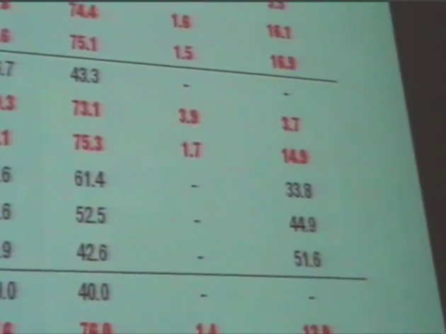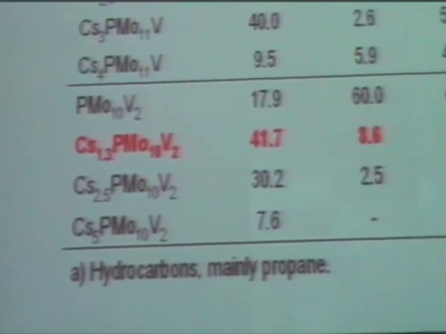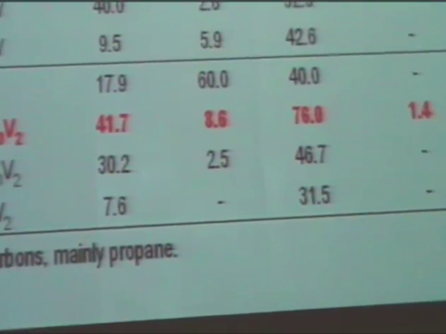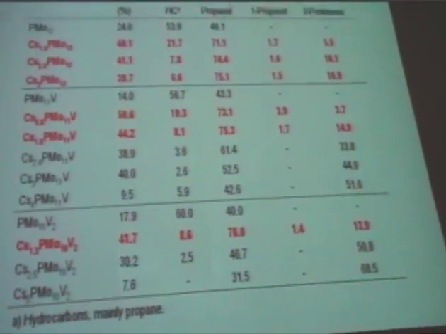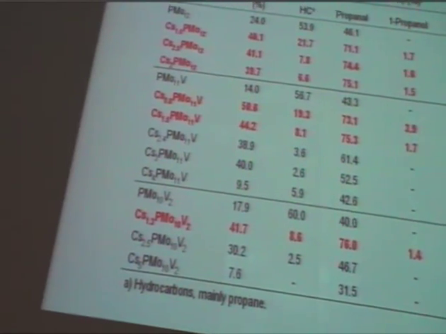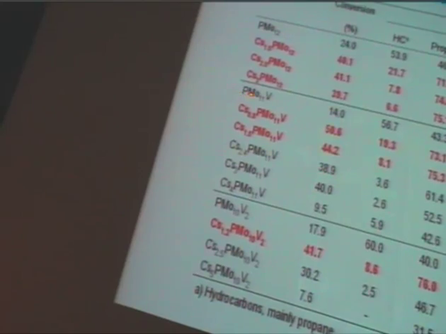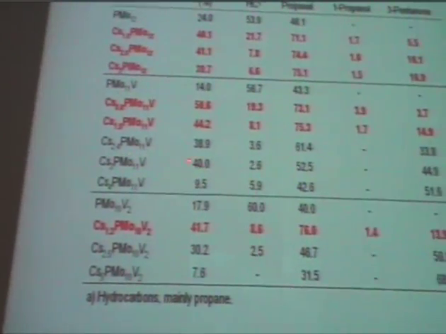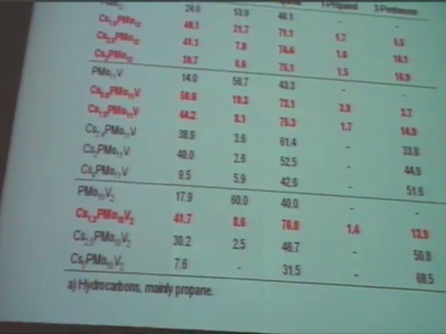And what you can see here, all three groups of catalysts show quite similar performance, 71 to 76% propanol selectivity and 40 to 50% propanoic acid conversion. However, the more stable monovanadium acid shows a slightly better yield of propanol.